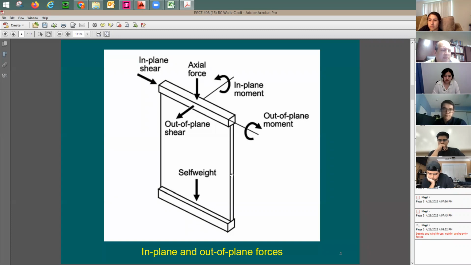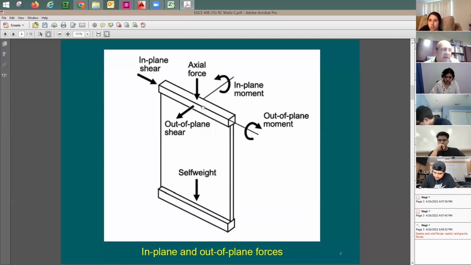This structural wall is exposed to axial forces like gravity loads, dead load and live load. In-plane shear is going to be like seismic and wind. Same thing here, the out-of-plane is going to be exposed to lateral forces, horizontal forces, like seismic and wind.